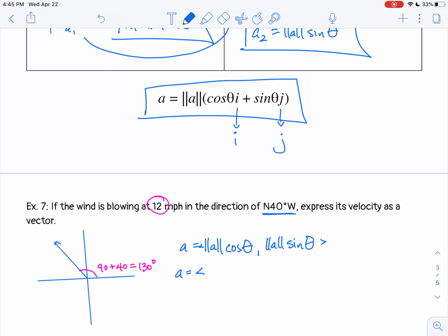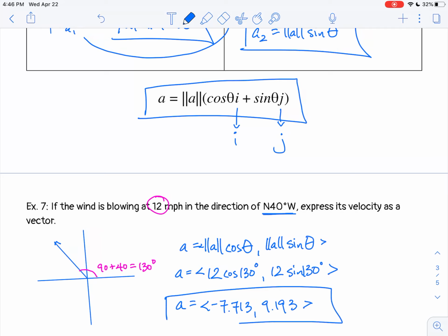So A equals, well, they told us the magnitude was 12, cosine of 130 degrees, and then it'll be 12 sine 130 degrees. And if you wanted to turn this into a decimal, you could say 12 cosine 130, and that would be about negative 7.713, and then 12 sine 130, and you would get that to be about 9.193.